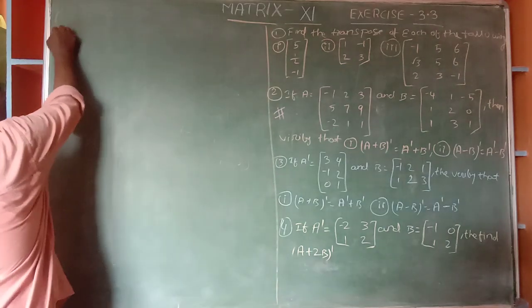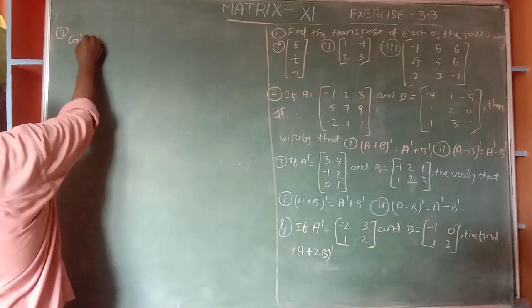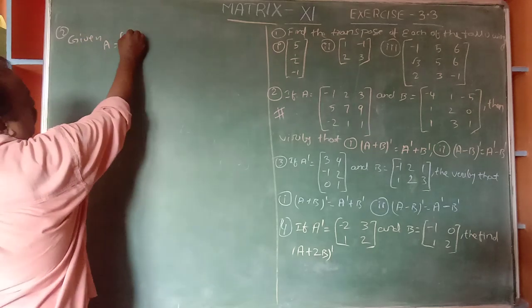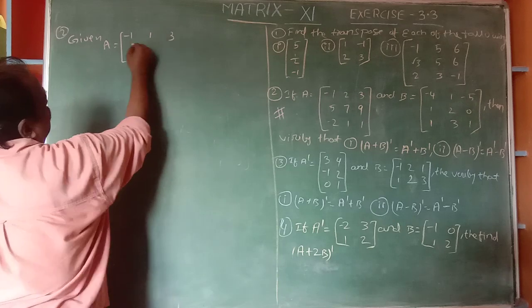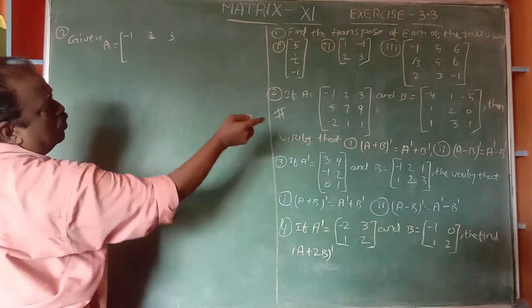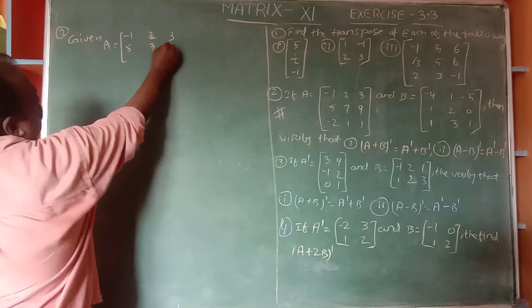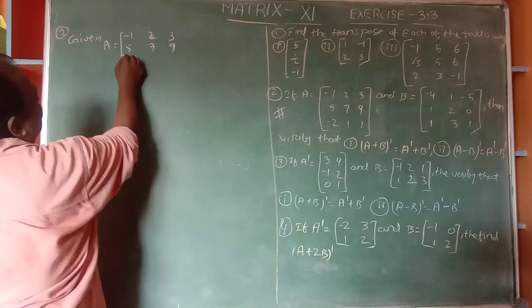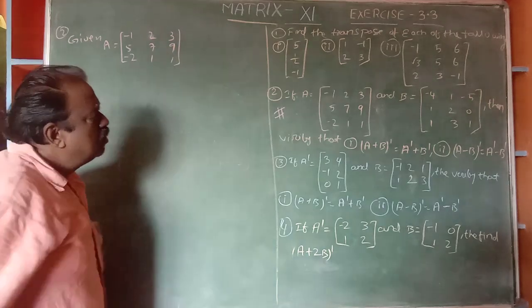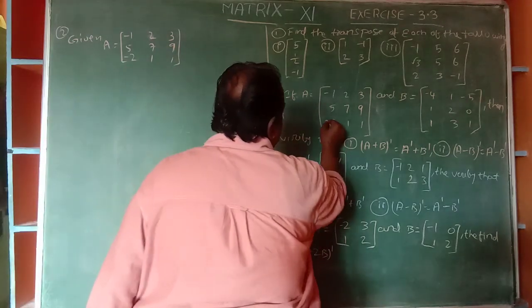It is given capital A is equal to minus 1, 2, 3; 5, 7, 9; minus 2, 1, 1.